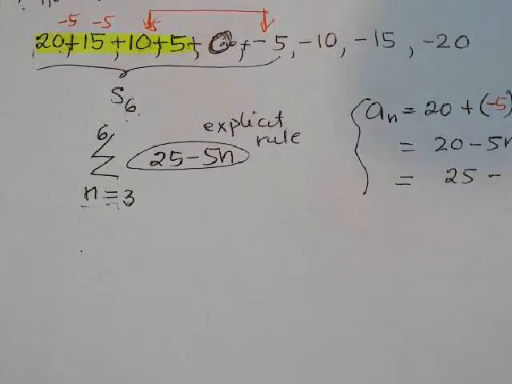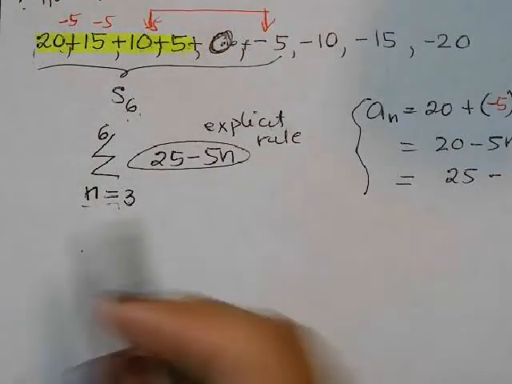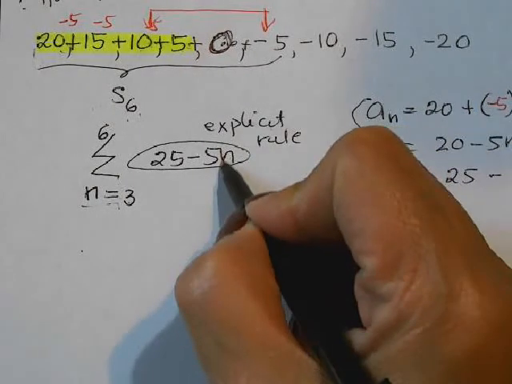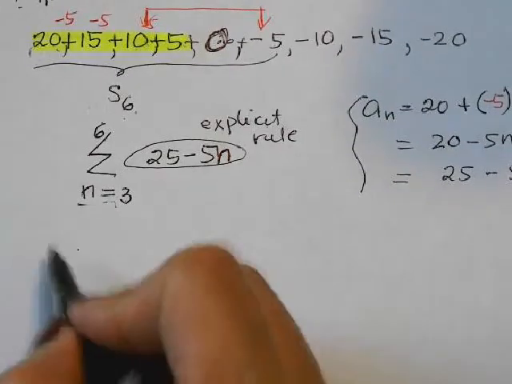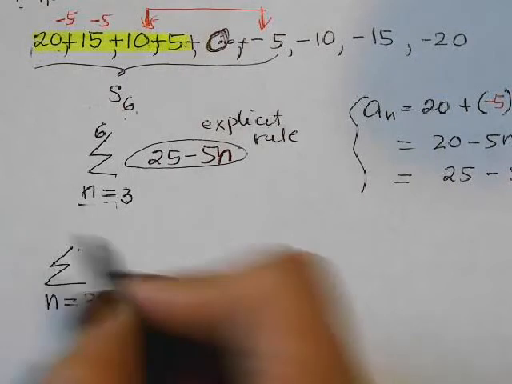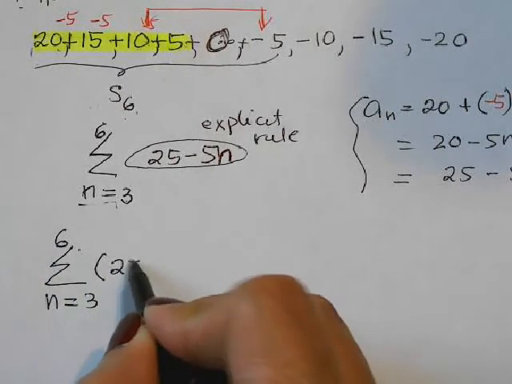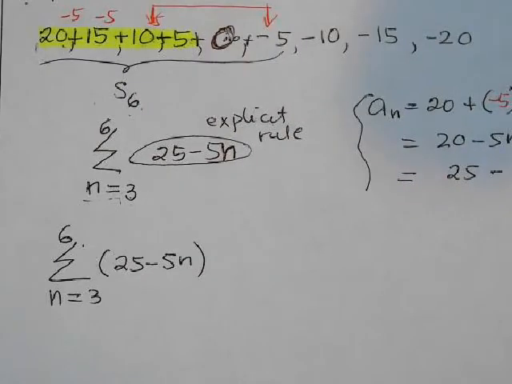Now, how do we evaluate this? Okay, so to evaluate something like this, all you have to do is to substitute the n. Okay, again, you're given this. So let's write it again here: the summation from n equals 3 to 6 of, you always put parentheses, always parentheses.